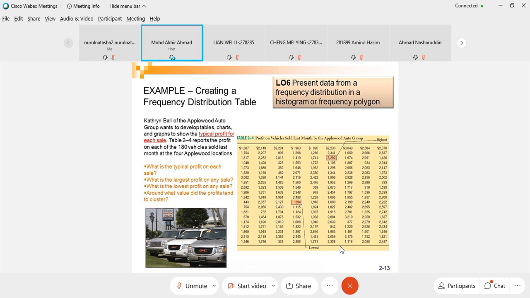You nampak graf ni tak? Nampak. Okay, cuba count number antara 200 sampai 600 ada berapa? Boleh count? Ya. Daripada antara 200 ke 600. Berapa jumlah data yang ada?